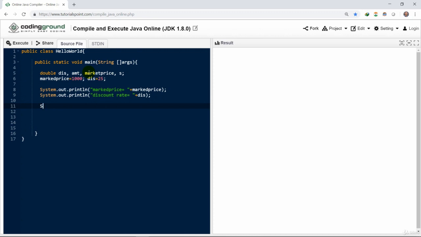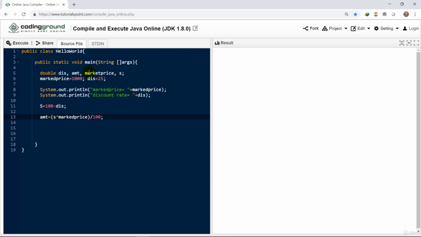We could use a different formula here for finding the discount. S equals 100 minus discount, and amount equals S into mark price divided by 100.